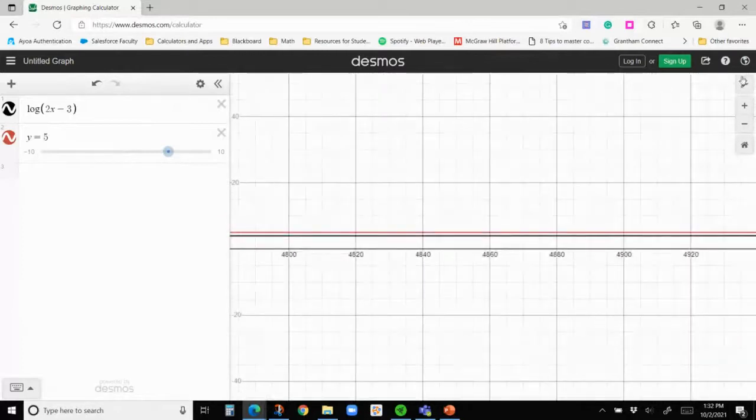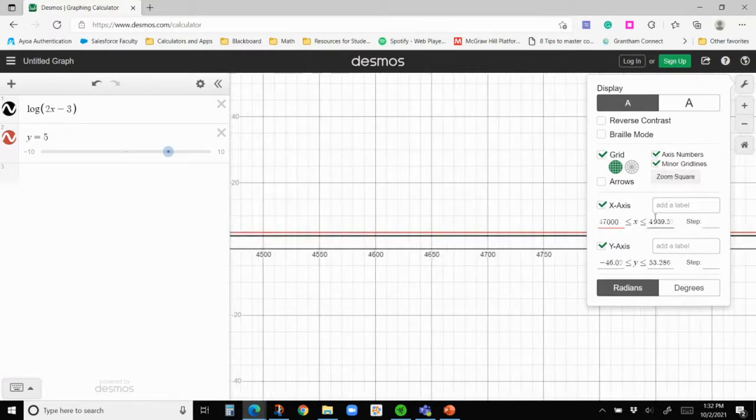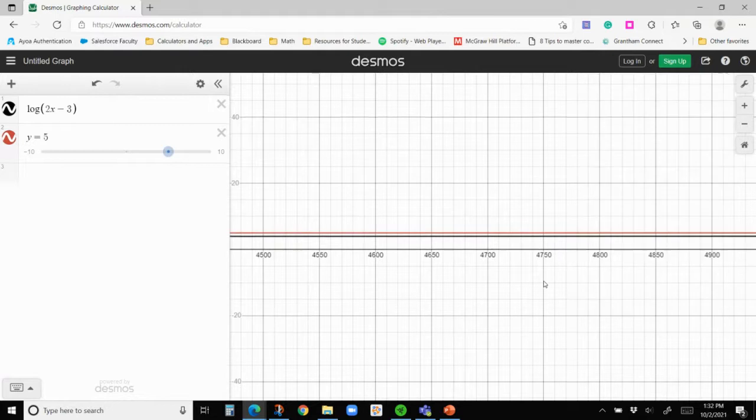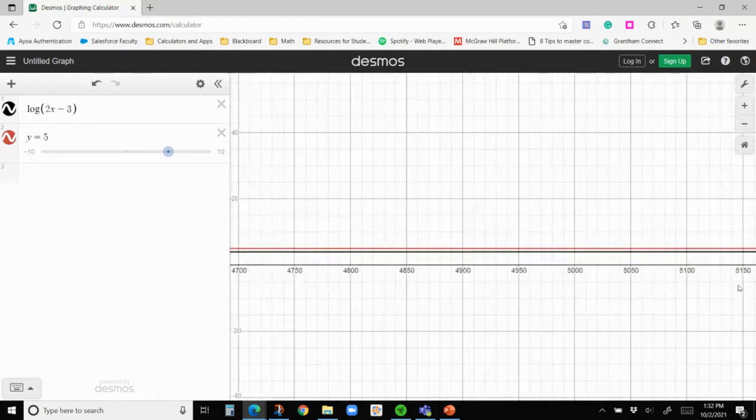Okay, grab my calculator. I'm actually going to do 100,003 divided by 2, so it's going to be around 50,000. So I'm going to just cheat and move my x-axis to, let's say, 47,000 to 51,000. It should be overlapping.